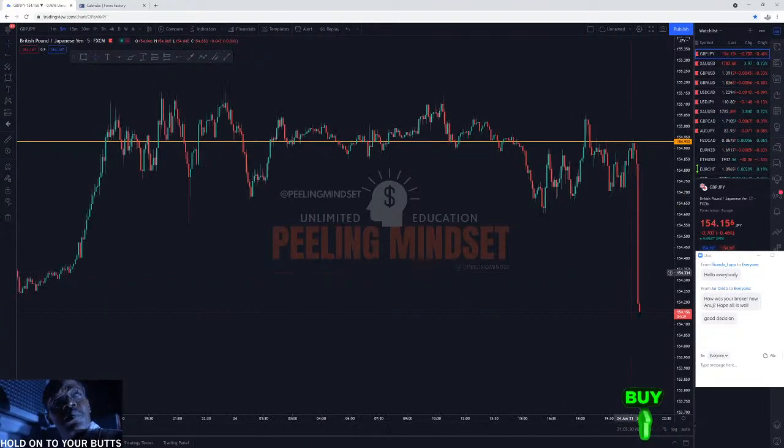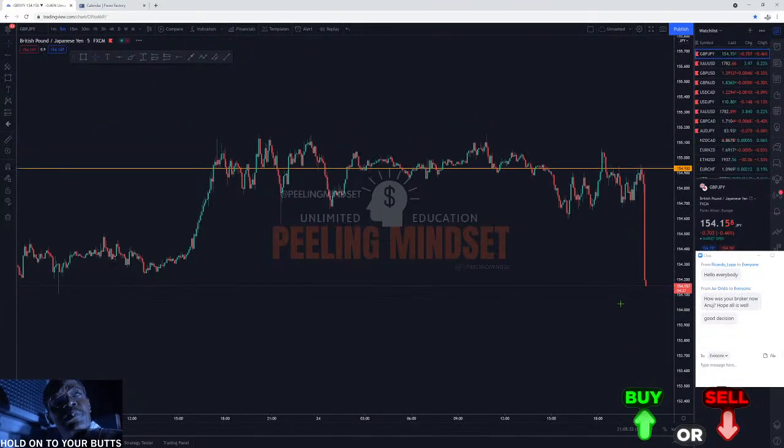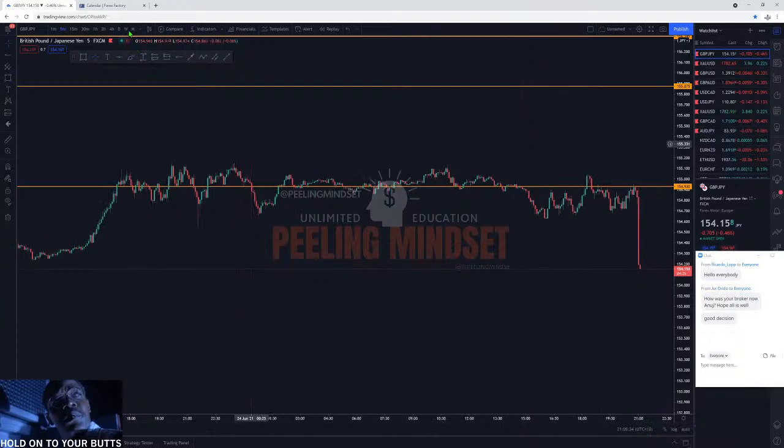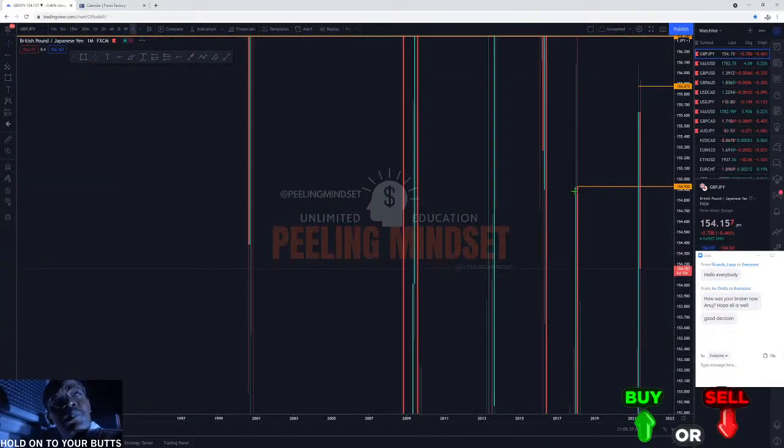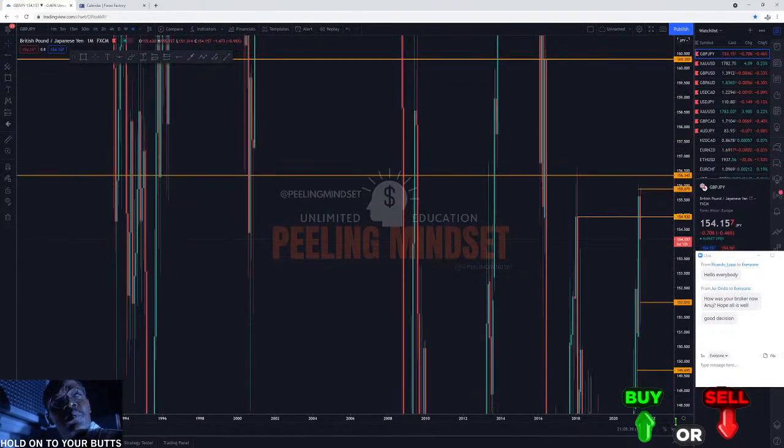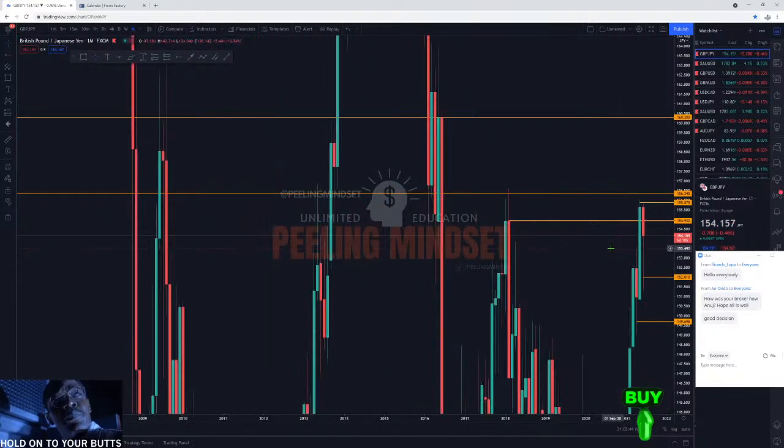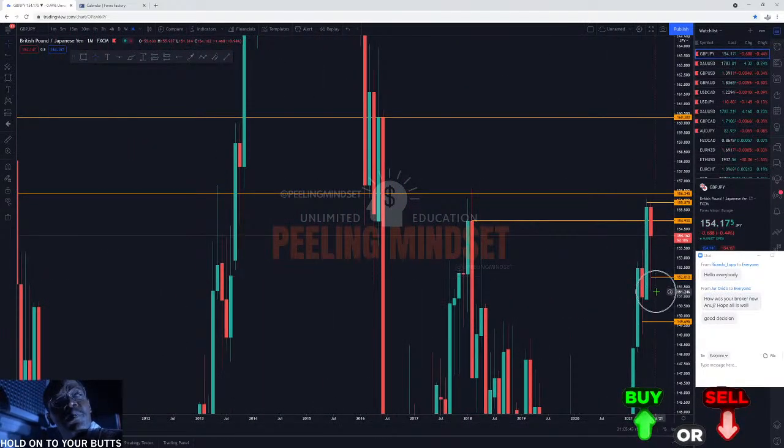Yeah, looks like pound yen is dropping. Pound yen is dropping. So all these monthly candles retracement, is that going to be a hoax?